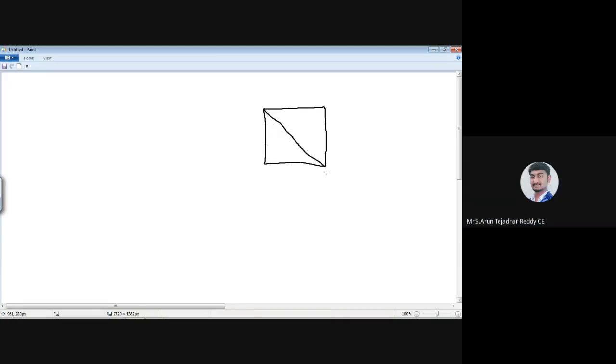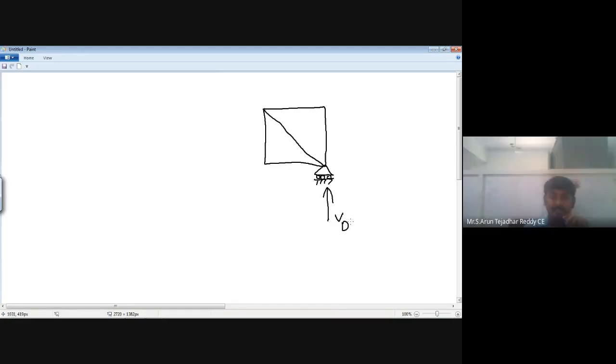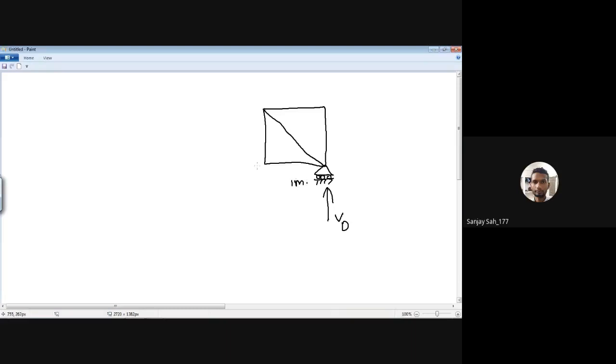Basically, this is your diagram. Here one load is acting, and one support reaction, that is VD. 1 meter is there.